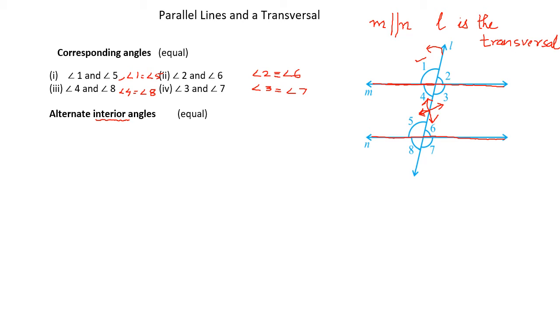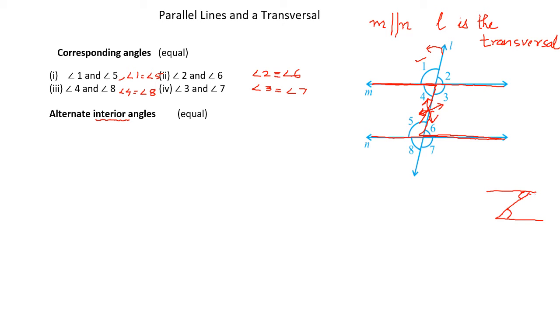There is another way of finding this. Do you know that way? Yes, when two parallel lines are given, you just draw the Z. See how I am drawing the Z here? Like this, if I take here and then I take this side, then you get the Z. When you draw a Z, then this angle and this angle are alternate interior angles.